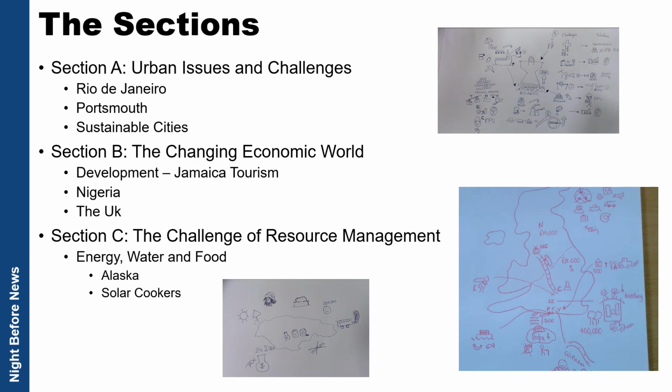So we answer question 3 and question 6. Question 6 is solely on energy. We only answer question 6 because that's the one we have the case studies on, where we've looked at the challenges of resource and energy management in Alaska, and then we also looked at the sustainable use of solar cookers as a way of providing energy.